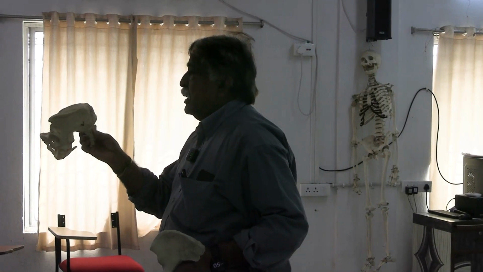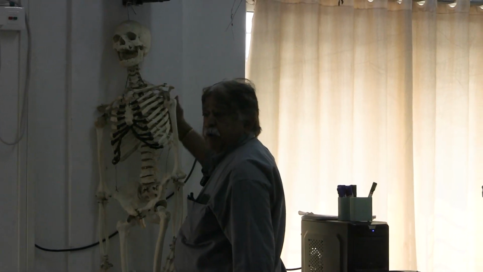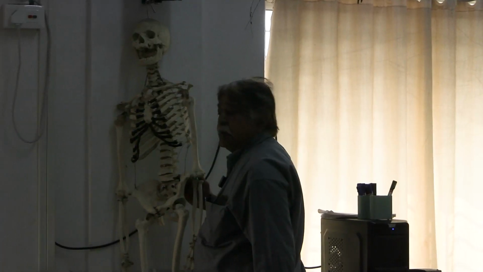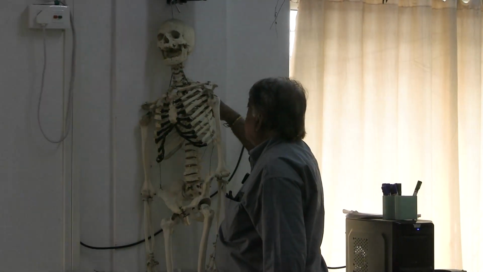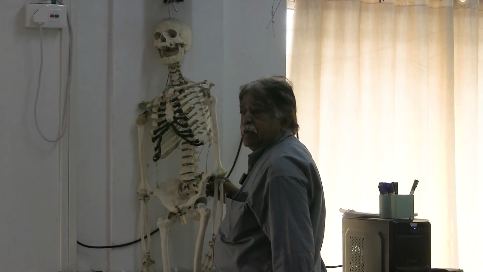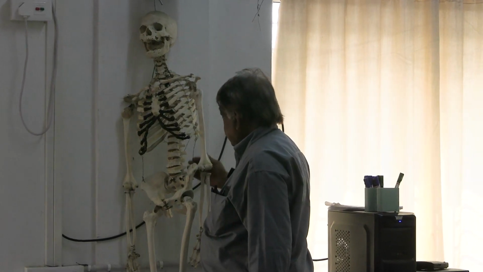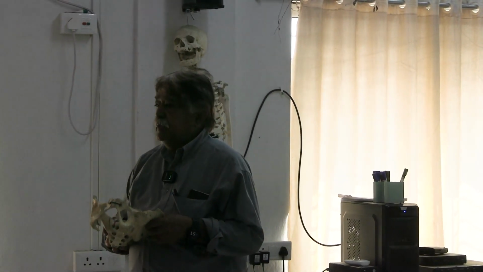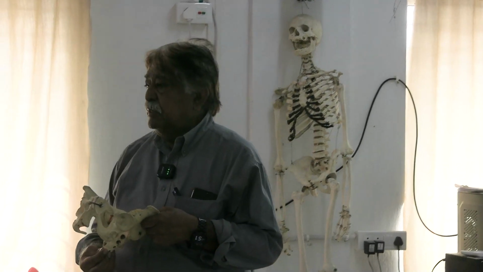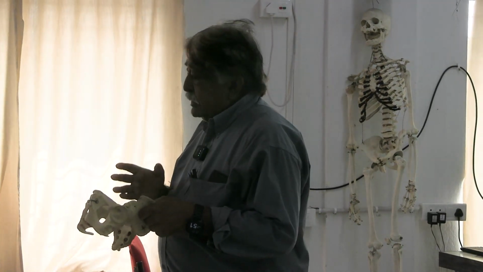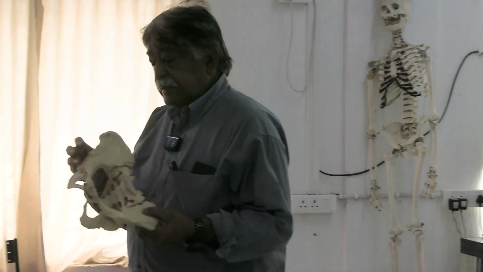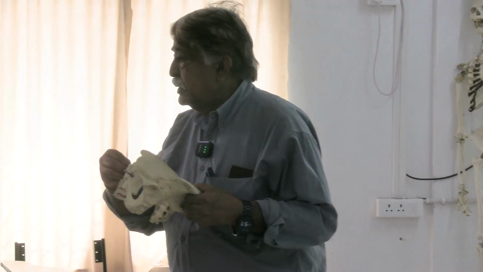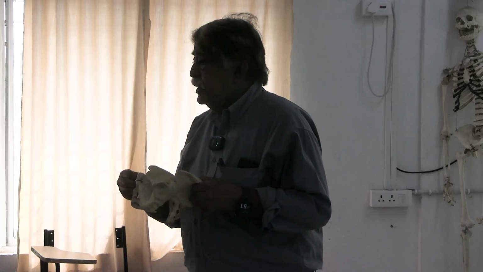The vertebrae: 7 cervical, thoracic and lumbar, then sacral, but the sacral vertebrae are all fused, then the coccyx. Another thing is that this is the socket for the head of the femur to form the hip joint.